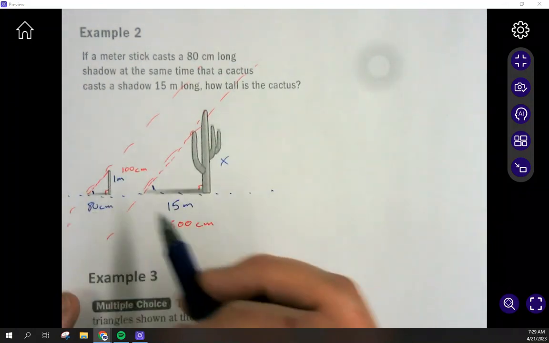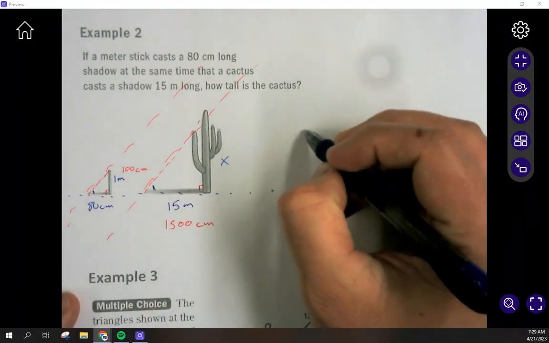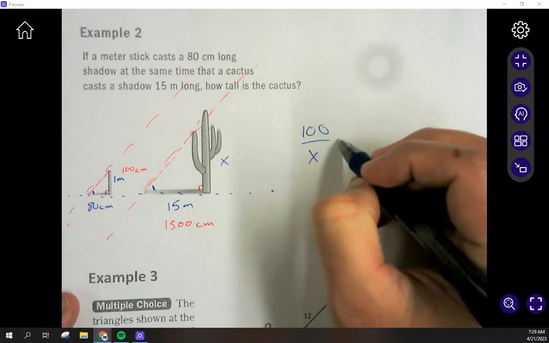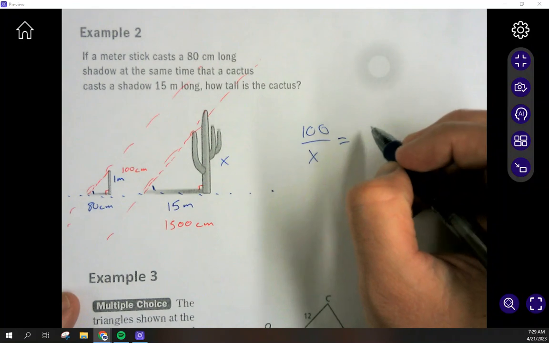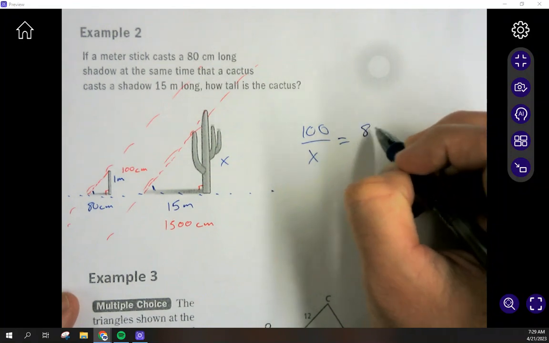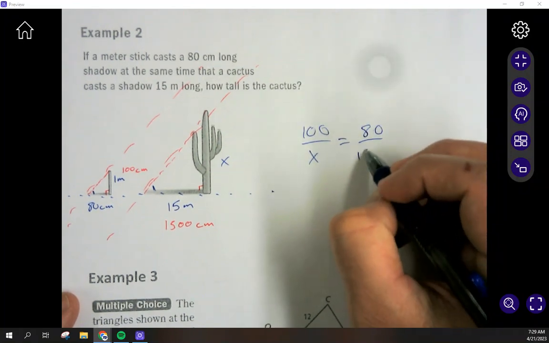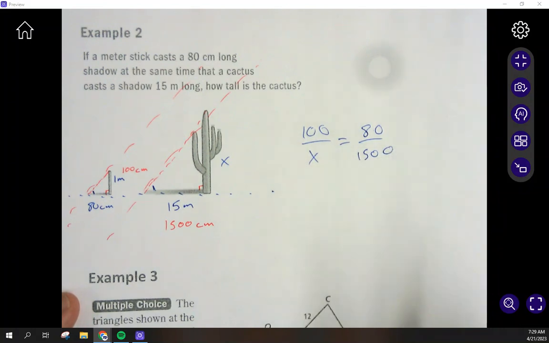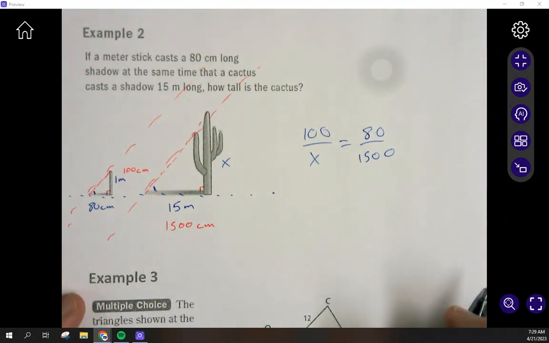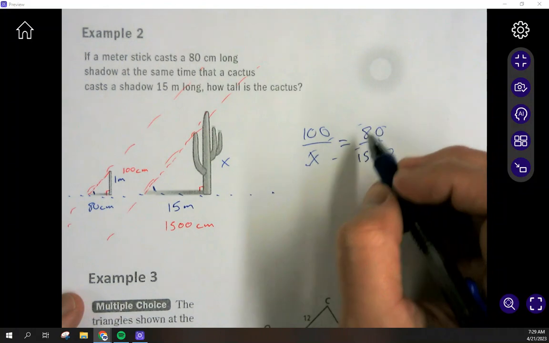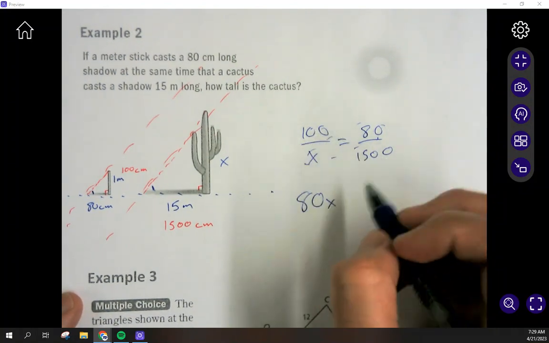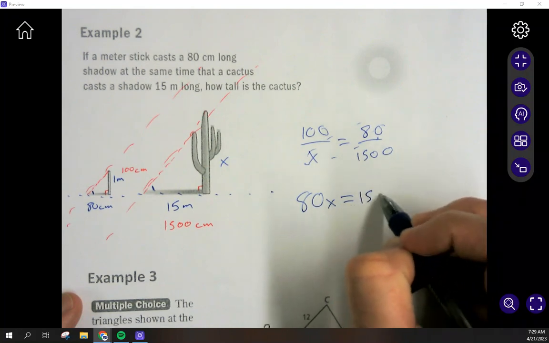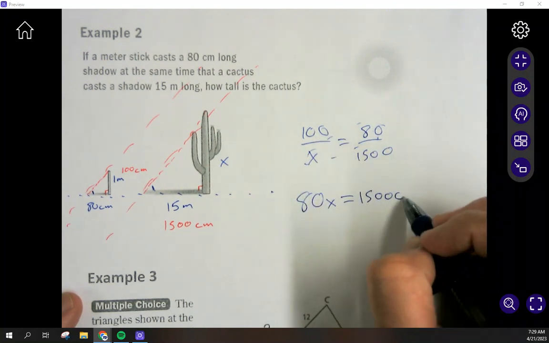So lots of ways to set these up. I'm going to do 100 over x equals, make sure that we use the centimeters, 80 over 1,500. Okay, and now we're just going to cross multiply like we've studied that we can do. So we're going to have 80x. 100 times anything just adds 2 zeros. So you're going to have 1,500 times 100 gets 2 more zeros.